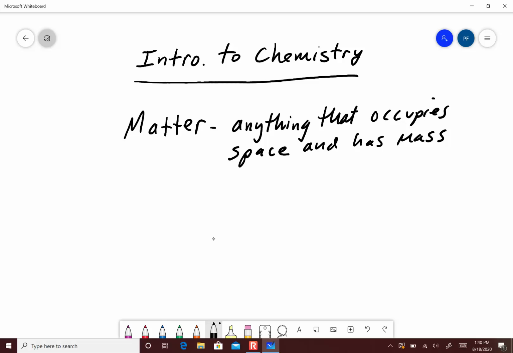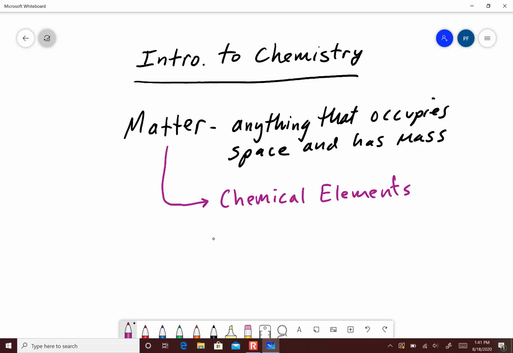Okay, and then what I want to tell you for the rest of this intro is the breakdown of matter. So the idea of what matter is made of. Think of this as a little breakdown flowchart. Matter is made of what are called chemical elements.